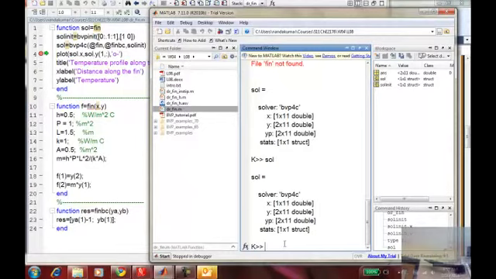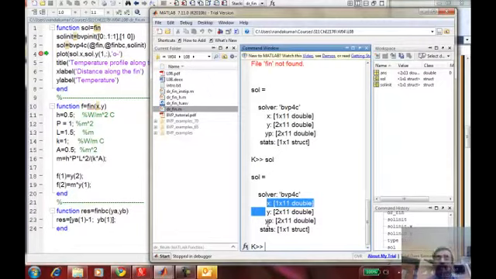Instead of using the array number like in a simple array, you use a different variable. So sol.x will give you the x variable. Sol.y will give you the y variable, y1, which is our solution. Sol.yp will give you the y prime, the derivative, that is y2.